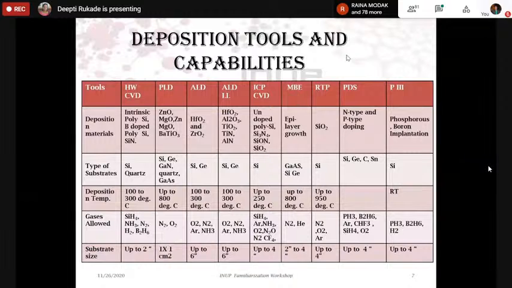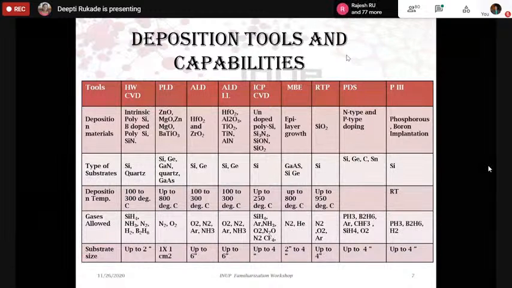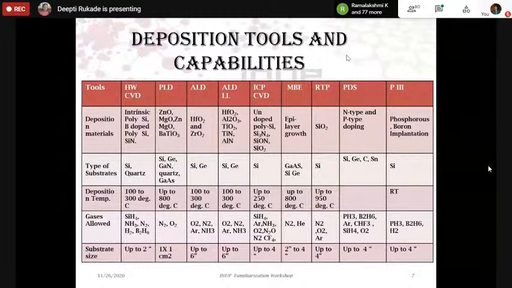If you move from the second column, top to bottom, in hot wire CVD we can deposit intrinsic polysilicon, boron doped polysilicon, and silicon nitride. Allowed substrates are only silicon and quartz. The deposition temperature, the gases, and the maximum substrate size are also given for your reference. Same is for PLD.